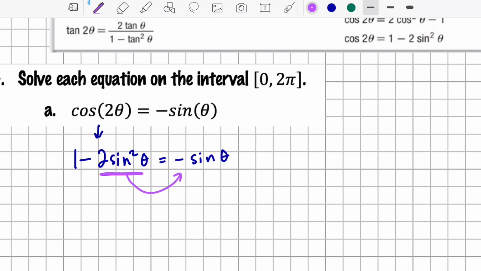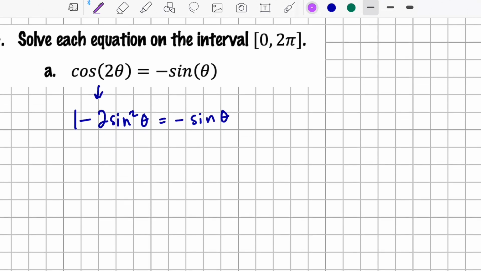So I'm going to send it to this side along with the 1. So if I do that, on the left side, we're going to end up with 0. And on the right side, we're going to have a positive 2 sine squared theta minus sine theta minus 1.